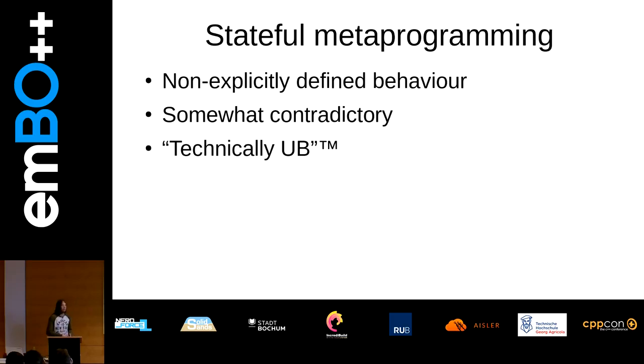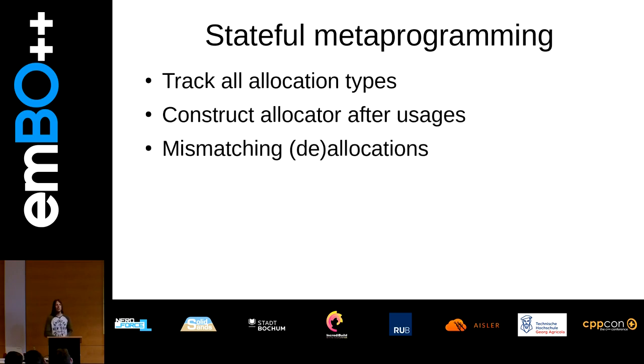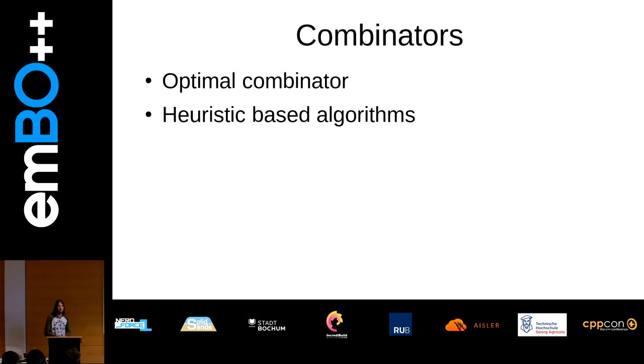But with stateful metaprogramming, you could, in theory, take all the allocations that are made in your program, and then at the end of your program, you instantiate a special allocator using only those types. Some improvements in combinators: if metaprogramming improves and becomes faster, it would theoretically be possible to create an optimal allocator, which reduces fragmentation as much as possible.